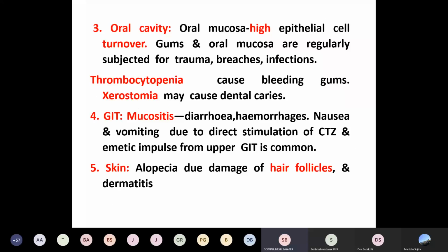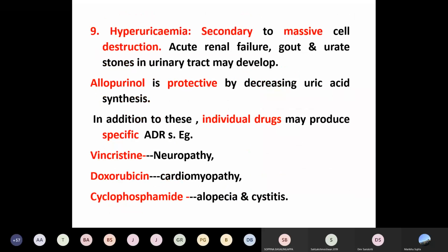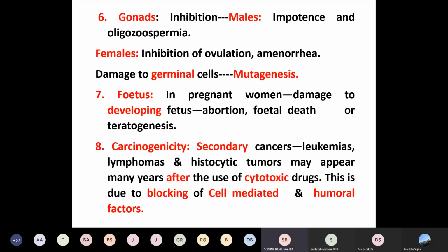Yesterday, we were talking about general toxicities of anti-cancer drugs. Now, since the gonads also have rapidly multiplying cells, there is inhibition.